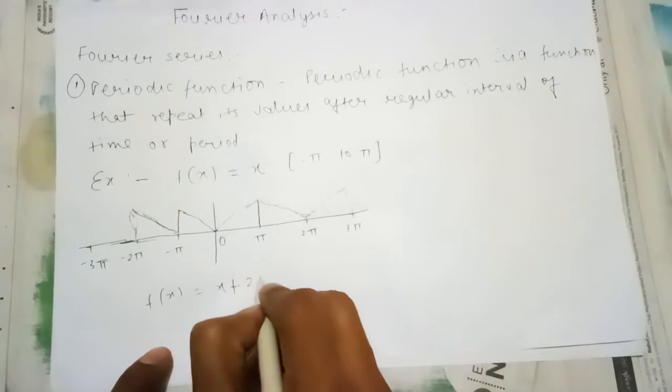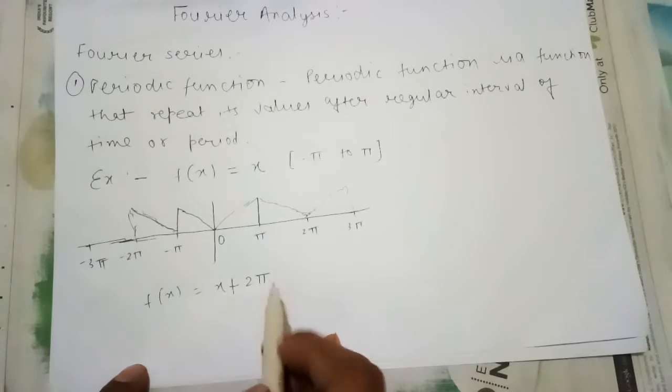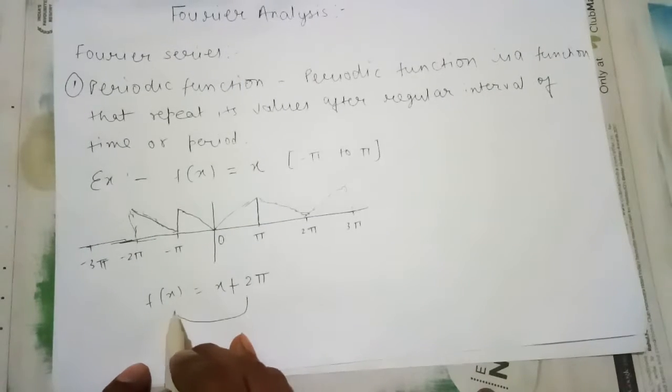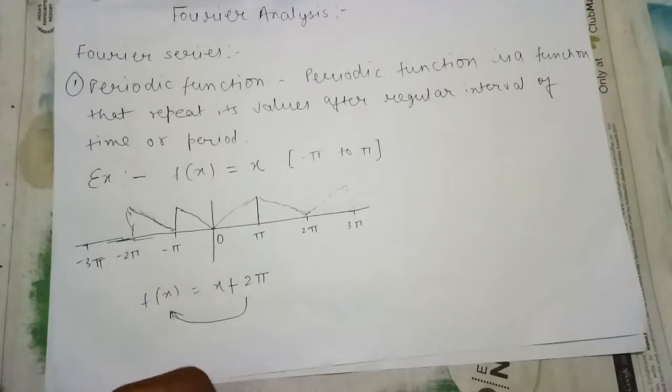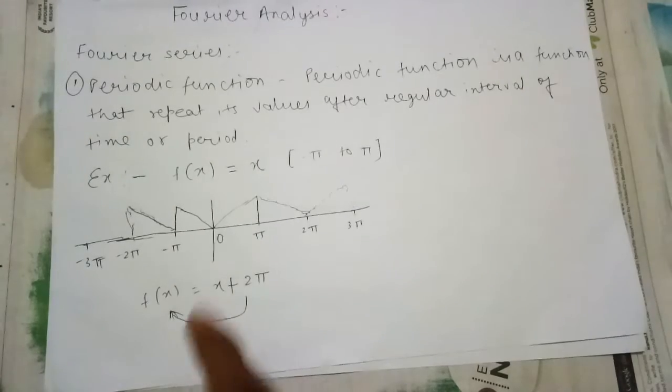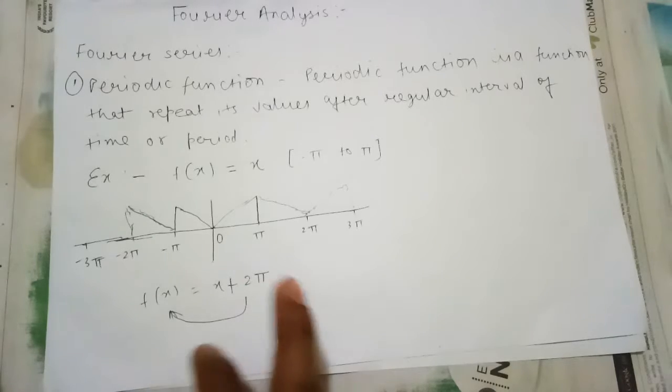Suppose I add in this 2 pi, then after this interval of 2 pi, this function will repeat its value. So this function will be periodic after 2 pi. We can make any function periodic, and it's up to us over how much interval we make the function periodic.